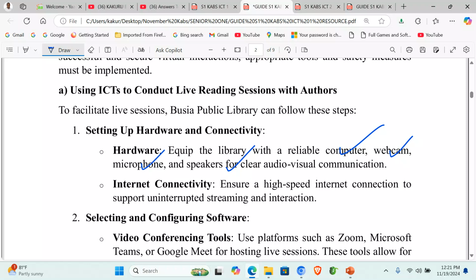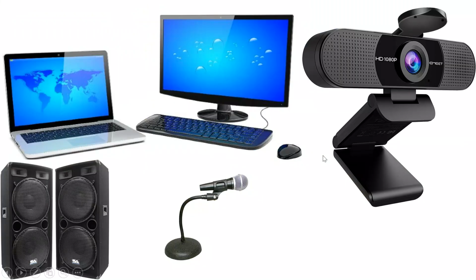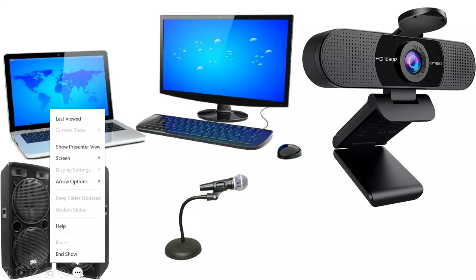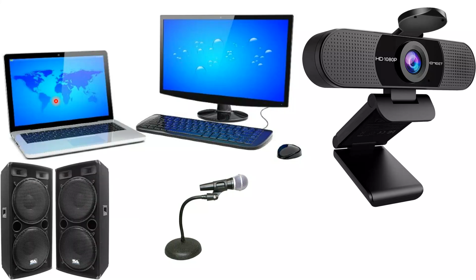So those who don't know some of these devices, I have displayed them here. So here, one may need at least to have a computer. So let me put an arrow here so that one is able to see, one can have a laptop, or you decide to have a desktop computer set.